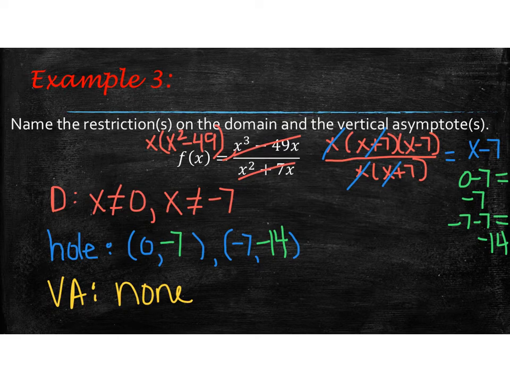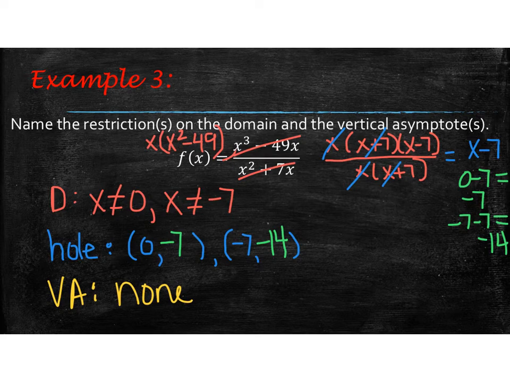Then when you factor, the x's cancel and the x plus 7's cancel. So before I canceled, recognize that your domain is when x can't equal 0 and when x can't equal -7. Because those did factor and cancel, then those are going to create holes. You're going to have a hole when x equals 0 and a hole when x equals -7.